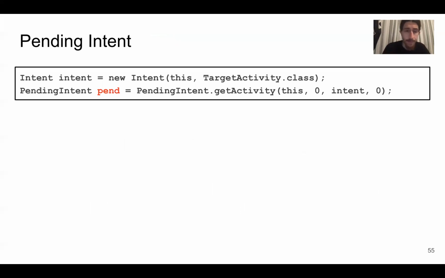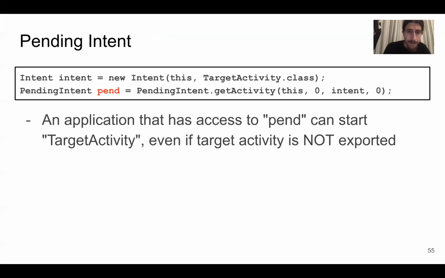Again, this is the example from before, and just an example to rephrase what I'm saying so that maybe it's clearer. Basically, we have this intent that is an explicit intent targeting the target activity, and let's assume it's not exported, so it's private.